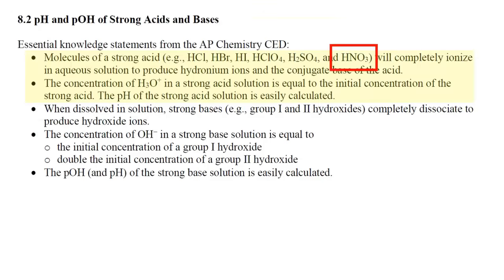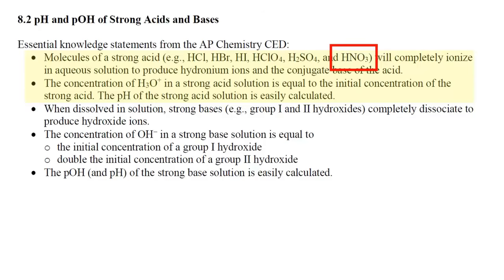So the reason why knowing that this is nitric acid is helpful, as you can see on this slide, there are 6 strong acids that you should know for the AP chemistry exam. HCl, which is hydrochloric acid, HBr, hydrobromic acid, HI, hydroiodic acid, and so forth.